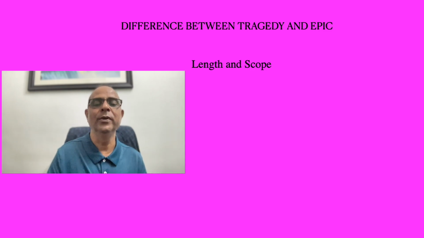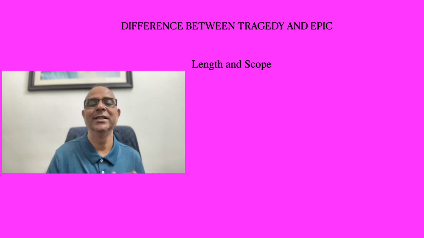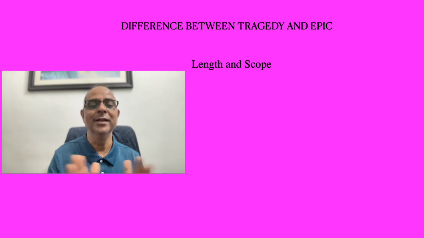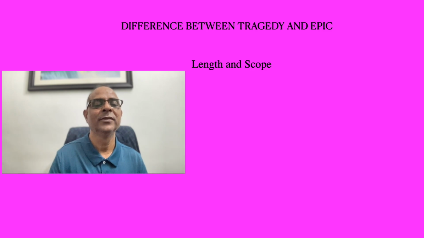It usually unfolds within a single day or a short time frame, and it is performed in a theatrical setting. So this is the difference between tragedy and epic as far as length is concerned.